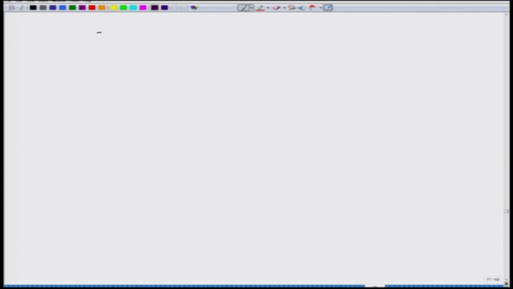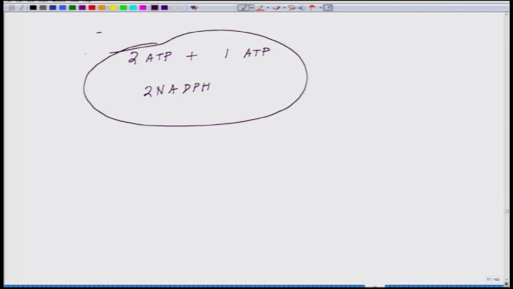whole process is that you are consuming 2 ATP plus 1 ATP if you see the cycle, and there are 2 NADPH. This is what you are consuming in this process.